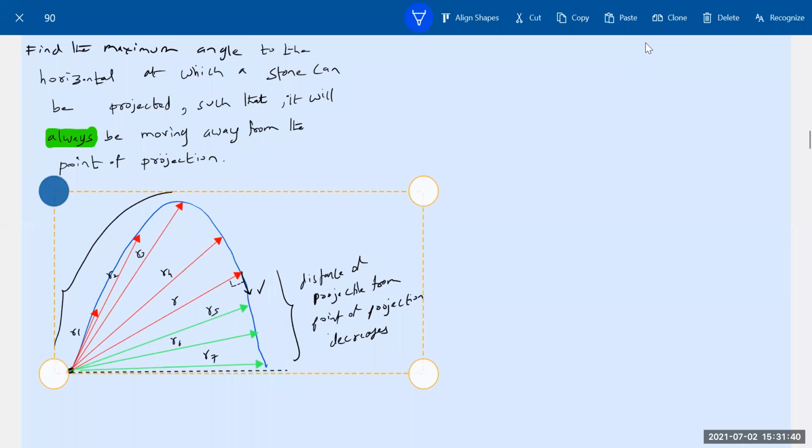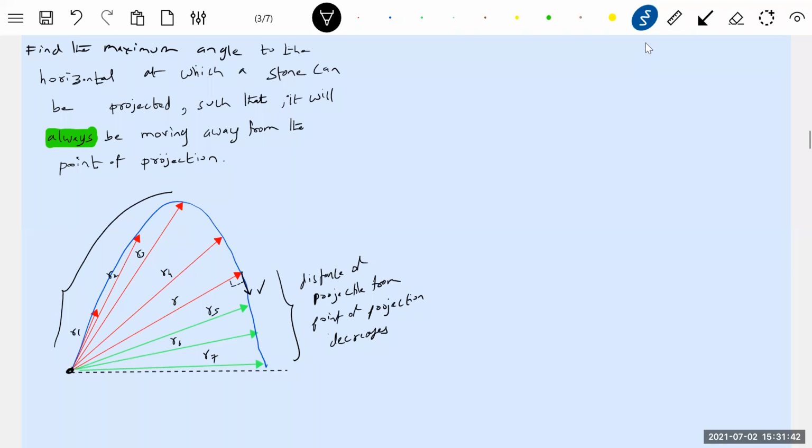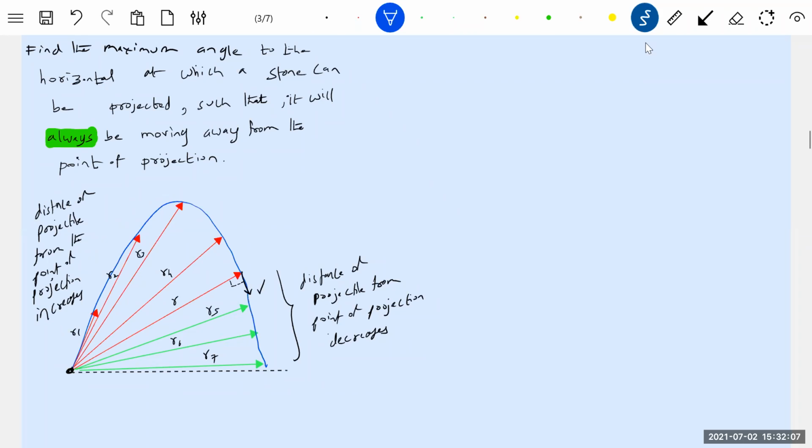I wanted students to analyze with the diagram first, then you could have written equation. Distance of projectile from the point of projection increases. So you see that there it is increasing, becomes maximum, then decreases.